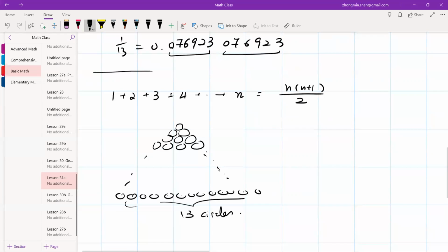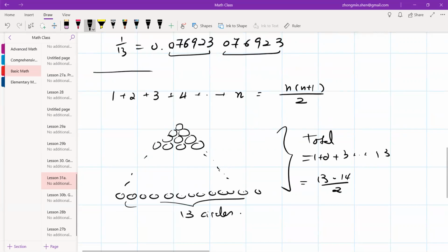The total number of circles will be 1 plus 2 plus 3, and so on, plus 13. You can use our formula to calculate quickly. So it's going to be 13 times 14 divided by 2.